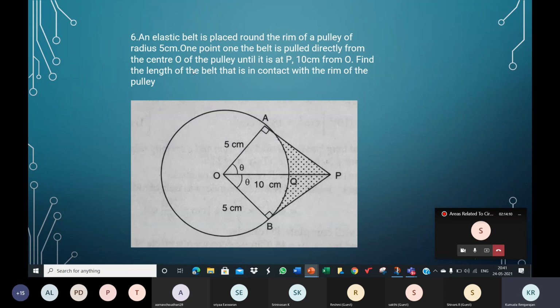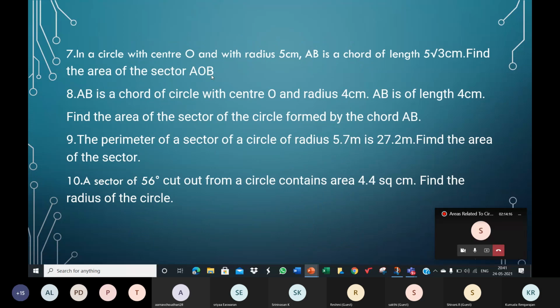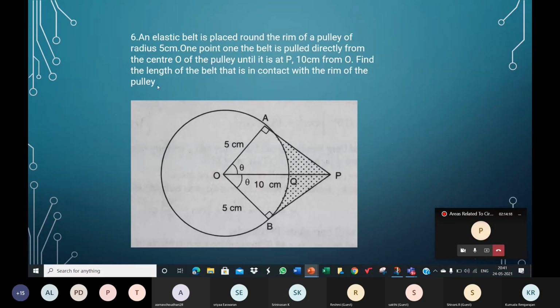You need to find the length of the belt that is in contact with the rim of the pulley. You also have to find the area of the shaded region. I've forgotten to type that. You should also find the area of the shaded region, children. This dotted region here.